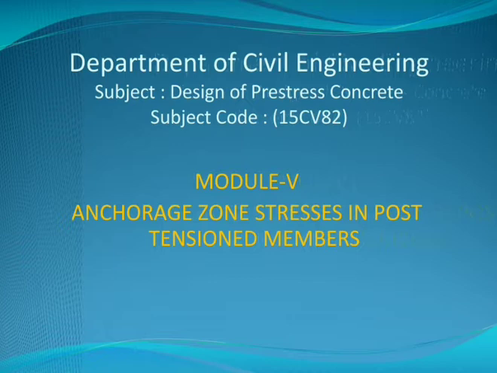And in the last video lecture, we solved one example in which we found the bursting force and designed suitable anchor zone reinforcement to overcome that bursting force. So let's go ahead with today's class.